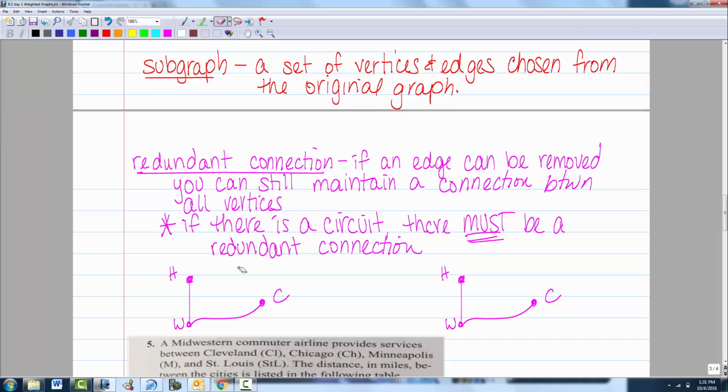And that's all you need to know about what a redundant connection is. Circuit is the key. To get rid of redundant connections, you remove all individual circuits, but make sure all the vertices are still connected in some way, shape, or form.